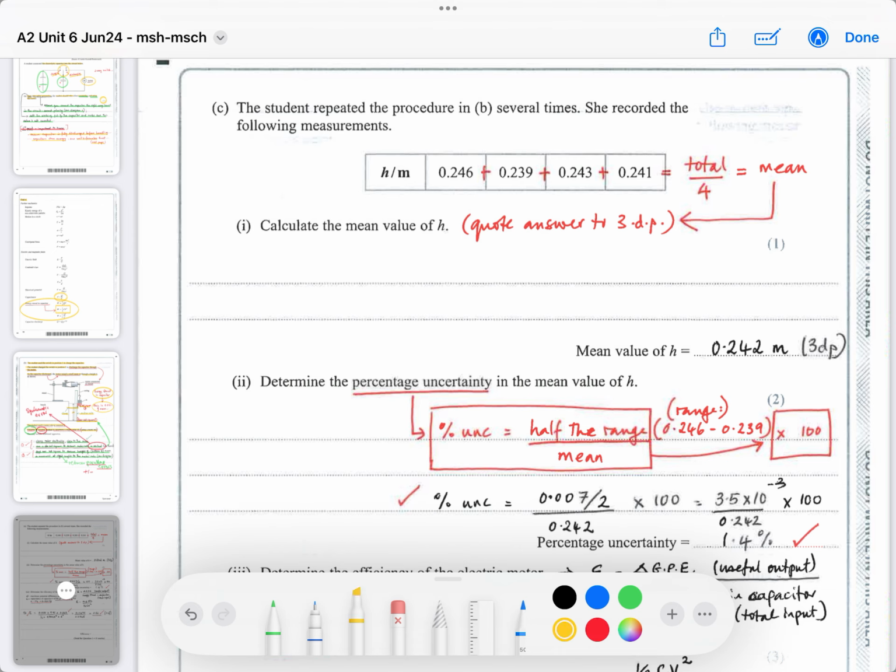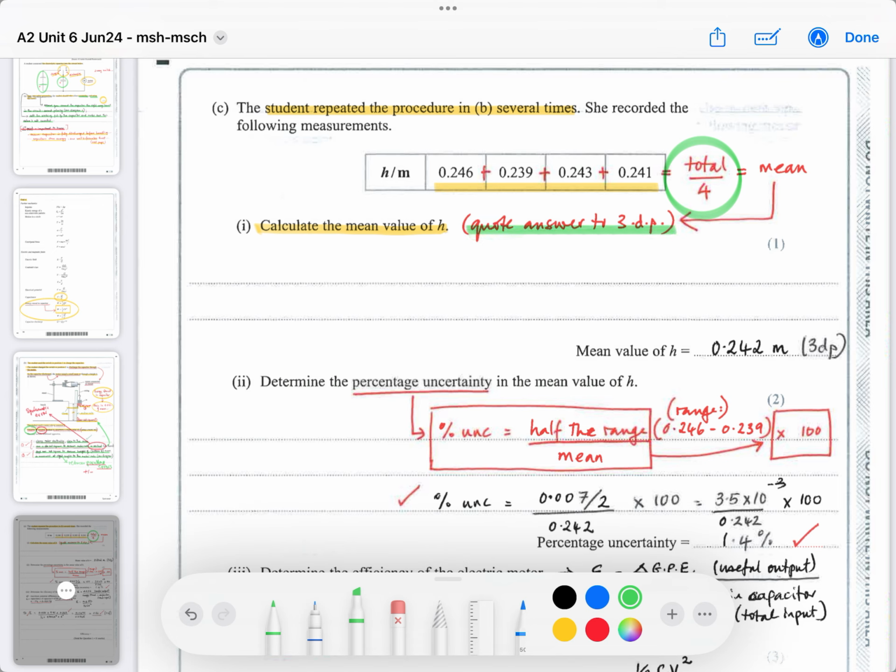The next part of the question says the student repeated the measurements several times. She recorded the following measurements, 4 of them, and they want you to calculate the mean value. So to get the mean value, you've got to add them all up and divide by 4 and quote your answer to 3 decimal places.